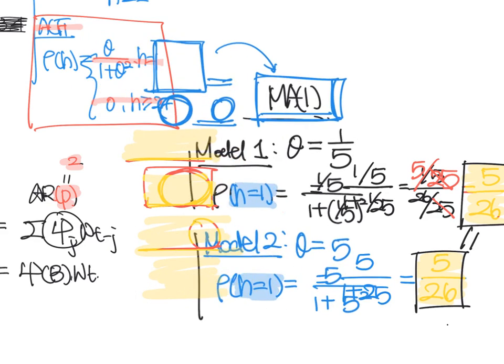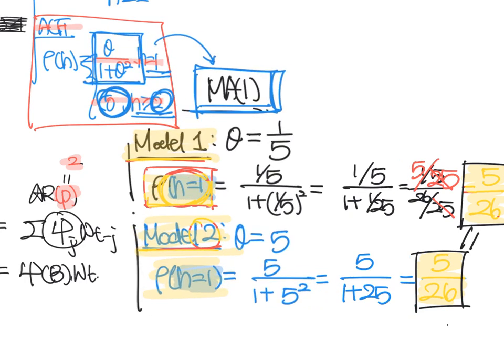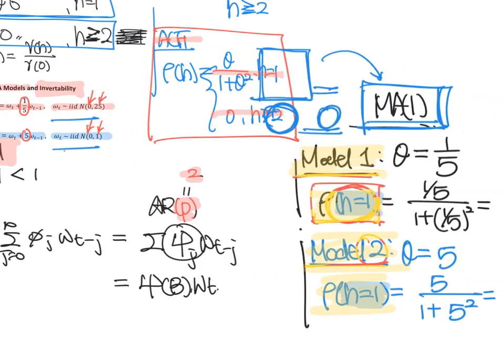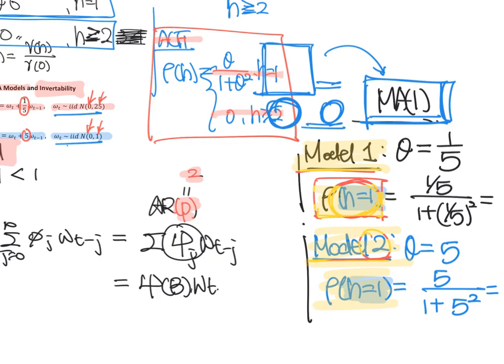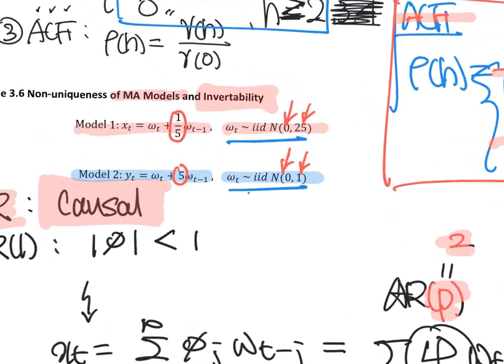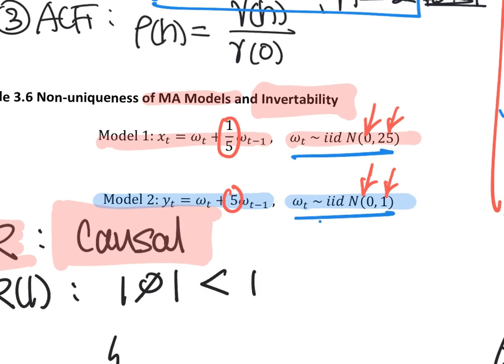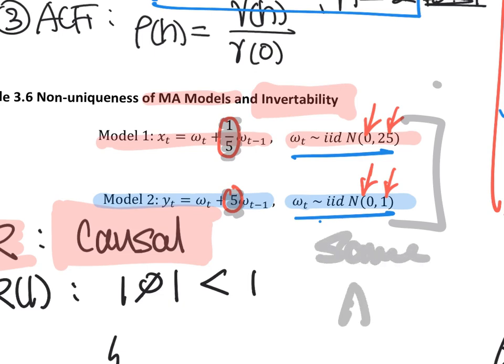Interesting. So let me go back to here. At the beginning, we had two MA models, MA1. Here's 1 over 5, and there's a 5. But from both, we got the same ACF.